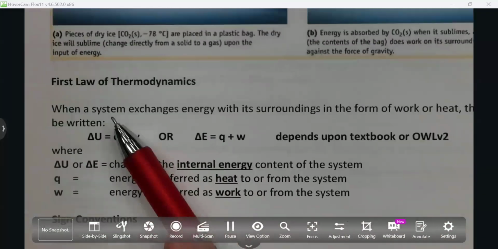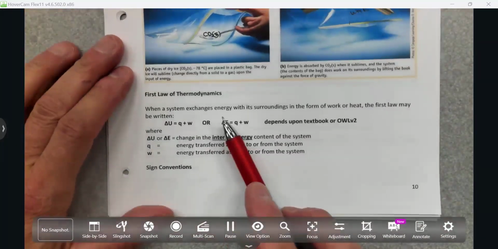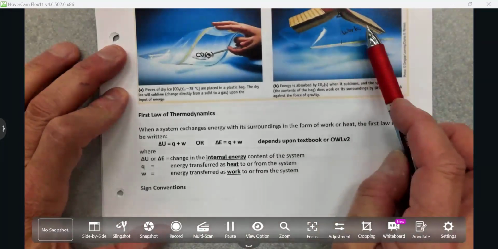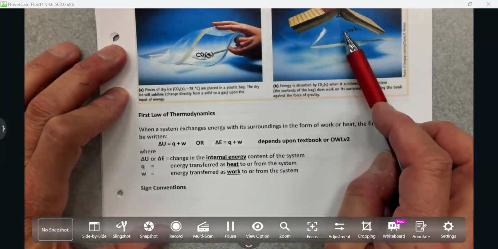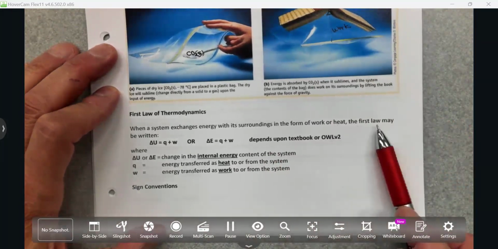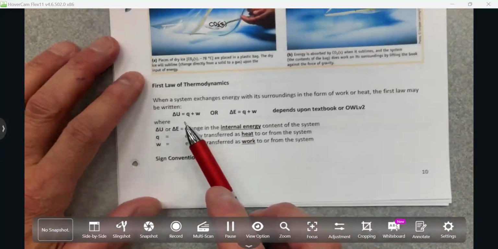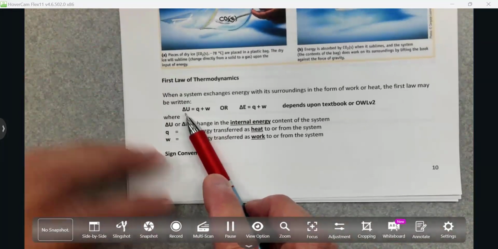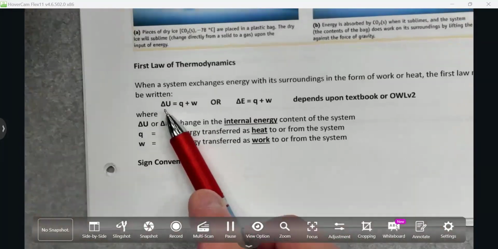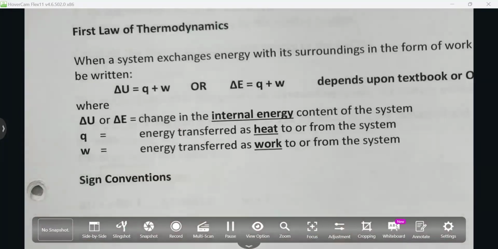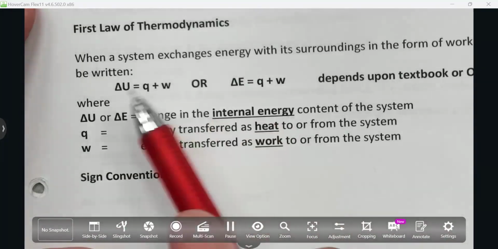When a system exchanges energy with its surroundings, in this case, the surroundings is going to supply some heat energy, in the form of work or heat. The first law may be written as this change in internal energy like this, or I like to do change in E. I don't like energy being U, but this is kind of interchangeable.